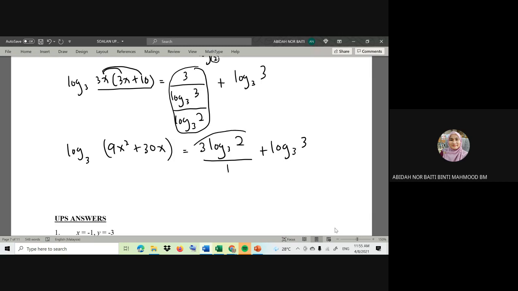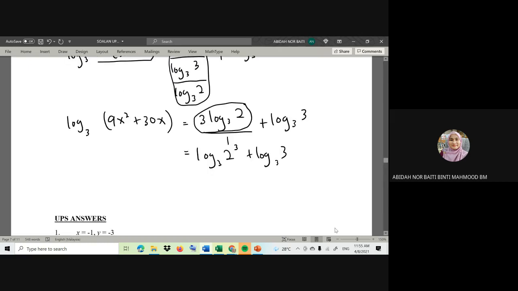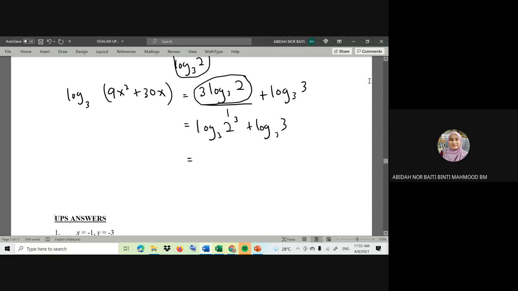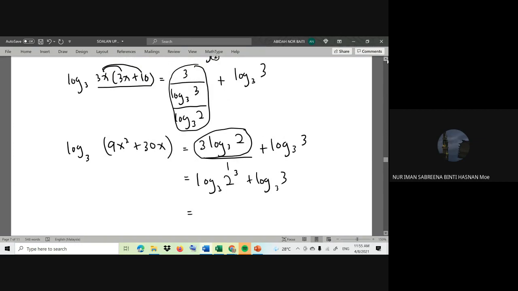Okay, and then here we apply law number 3 ya. We apply law number 3. Log 2 power of 3 base 3. Okay, 2 cube equals to what? 2 cube. 8. 8, yes. And then we can apply law number 1, yes, because plus here.